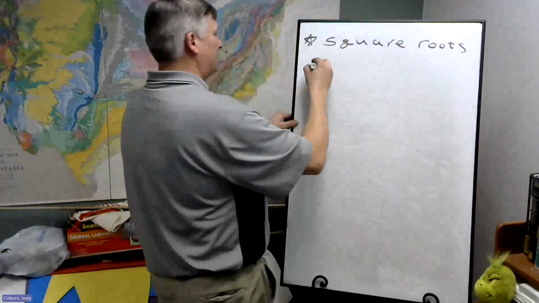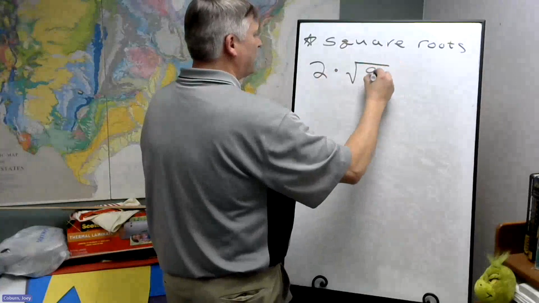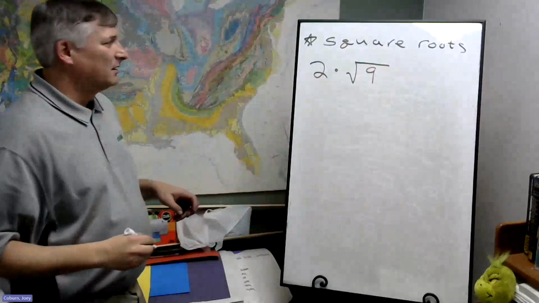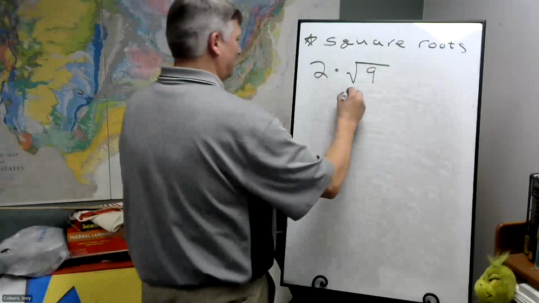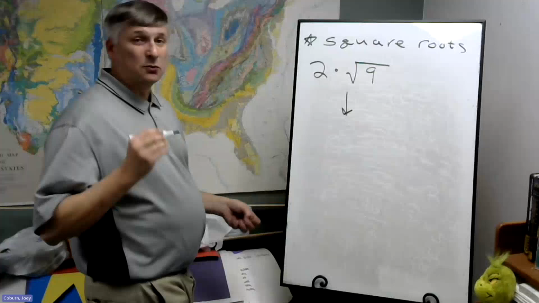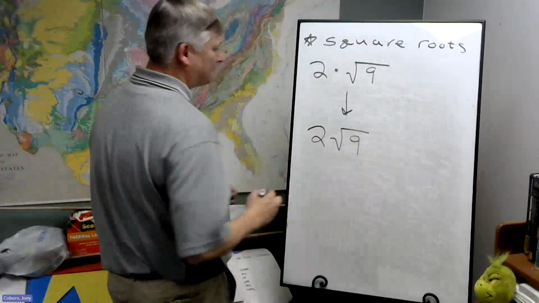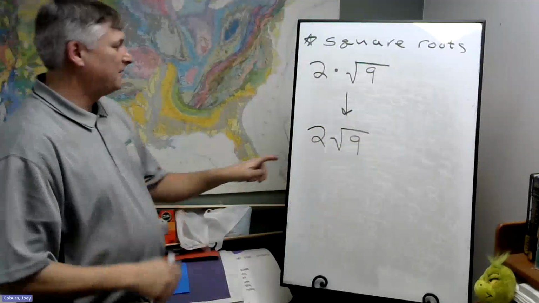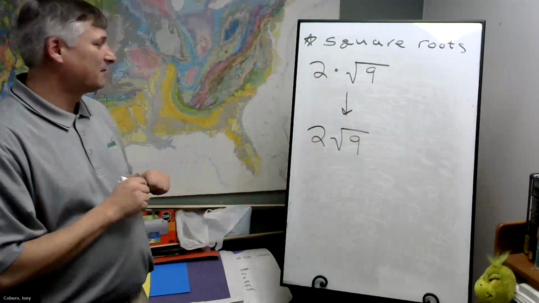Suppose we have this: 2 times the square root of 9. What you'll encounter in algebra is this written as 2 square root 9. And once again, there's an invisible multiplication sign.